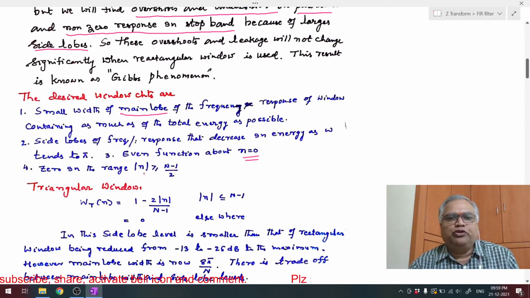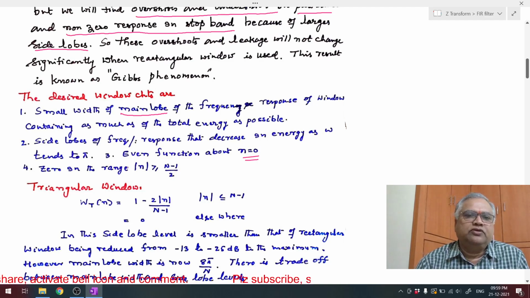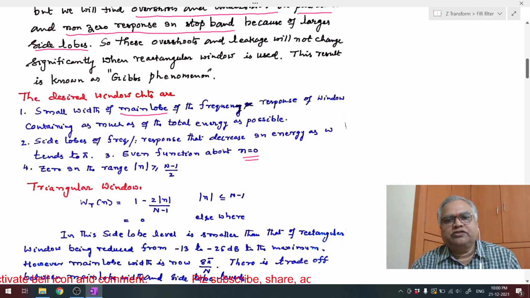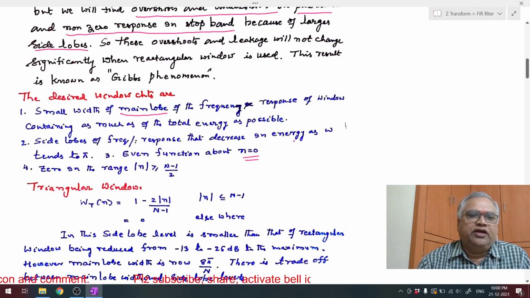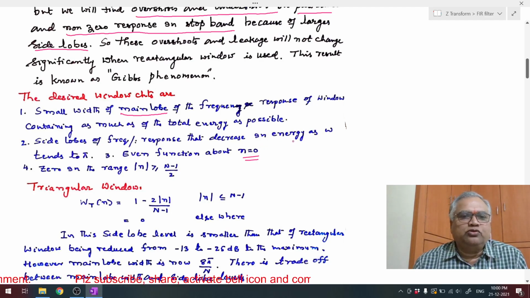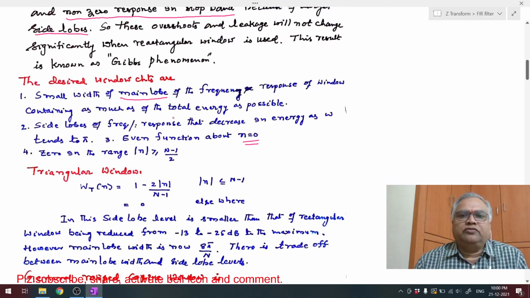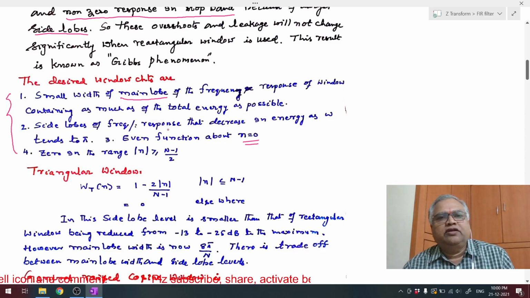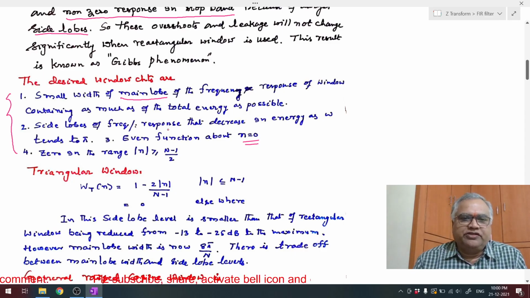So on the other side the window value should be 0. So one is symmetric and it should be 0 in the other area, main lobe width should be small, total energy should be available in the main lobe, and side lobe level or energy should decrease as frequency increases to pi. This is one important theoretical question. Sometimes they ask: what are the desired window characteristics?